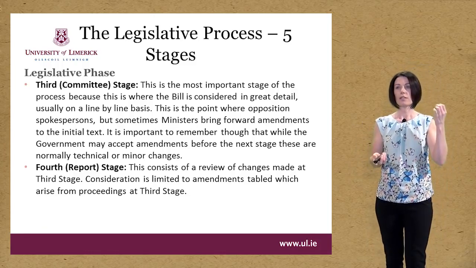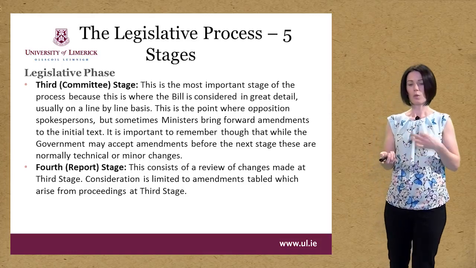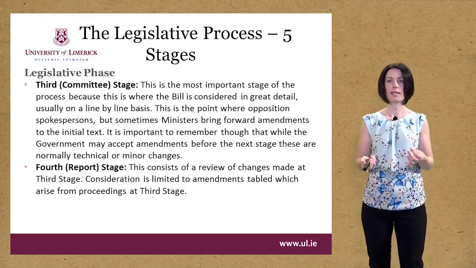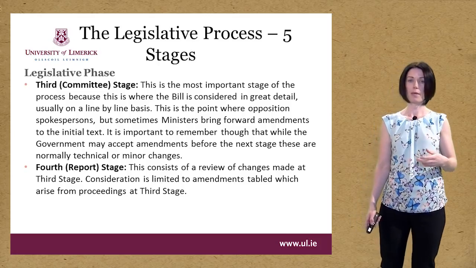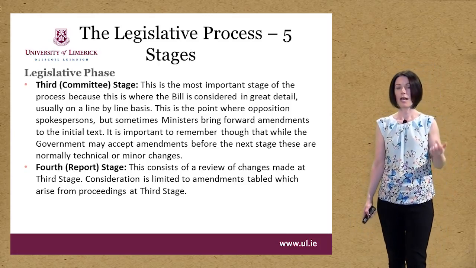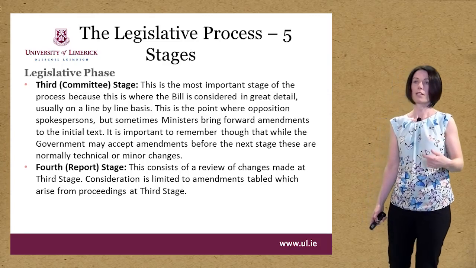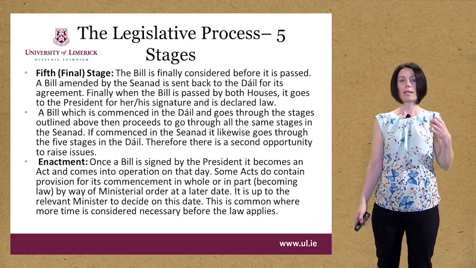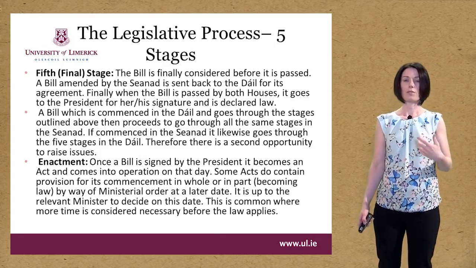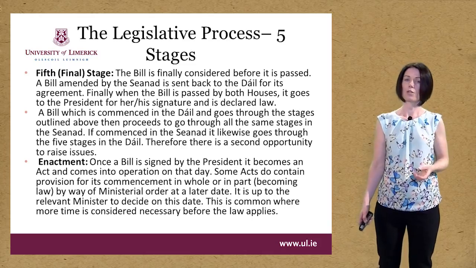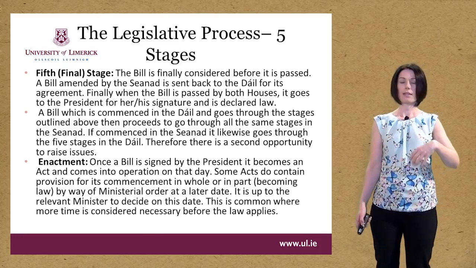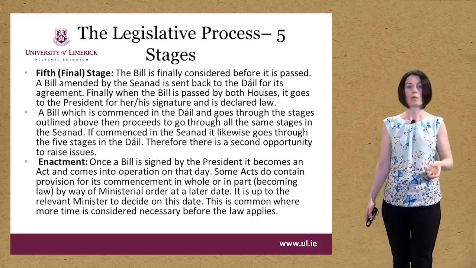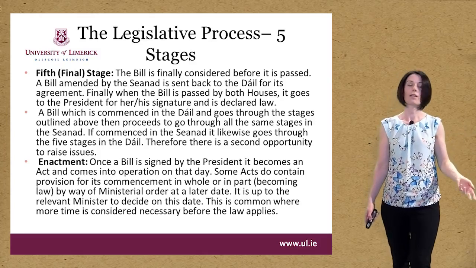So after the third stage, where amendments might be tabled and made, the fourth stage will review any amendments that have been made in the third stage and send it forward for the final stage. The bill will be considered again at this fifth and final stage. All of the amendments will be considered, and if it's agreed, that means it has been passed by both Dáil Éireann and Seanad Éireann.